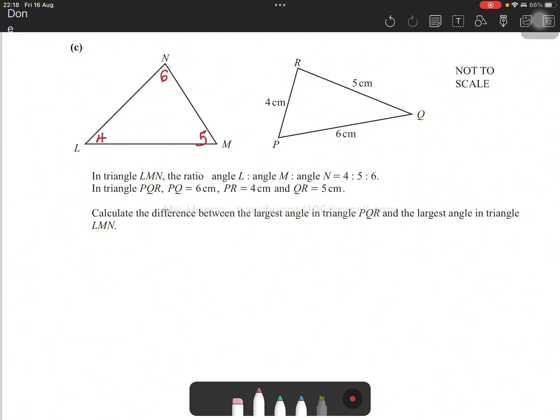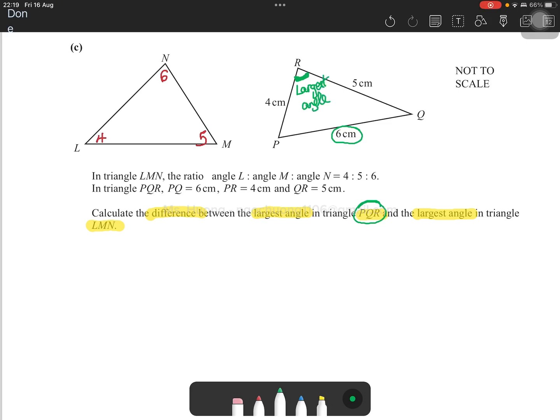Calculate the difference between the largest angle in PQR and the largest angle in LMN. In triangle PQR, the angle R is opposite to 6 centimeters, and 6 centimeters is the longest side, so R is the largest angle.